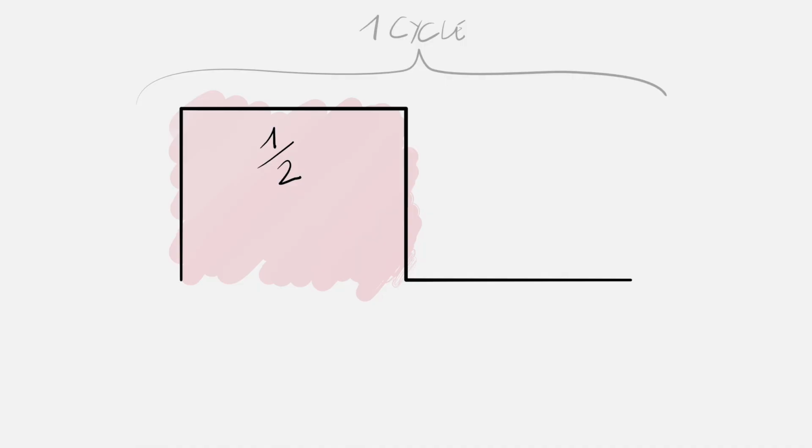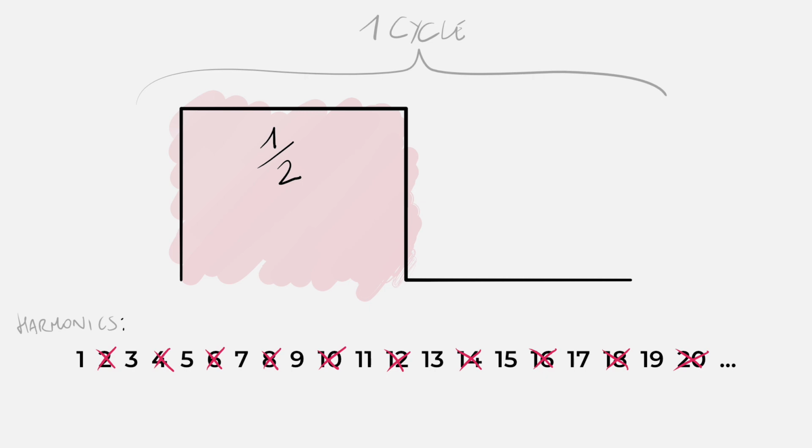The topic might be too tricky and my math skills are certainly not up to the task, but as a rule of thumb, we can say that the fraction of the duty cycle determines the harmonics that are missing from the final waveform. For example, our square wave has a 50% duty cycle, which is a half up and a half down. So every second harmonic is missing from the spectrum, and that's what we already knew.